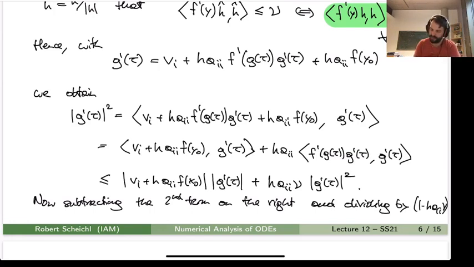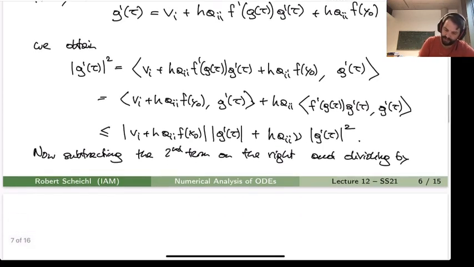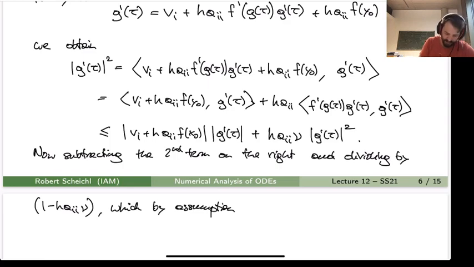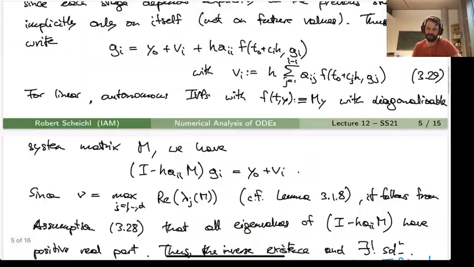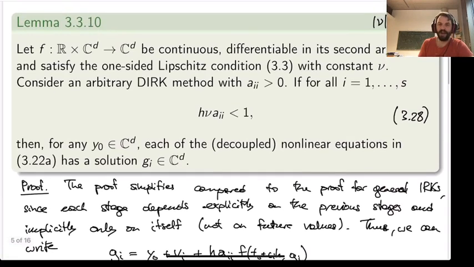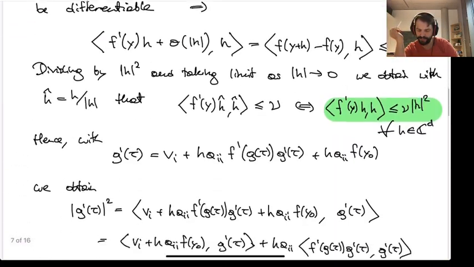Let's write that on the next line. Dividing by 1 minus h a_ii nu, which by assumption is positive. So remember, our assumption was that h nu a_ii is less than 1. So either nu is negative or we have a constraint on the mesh size h.